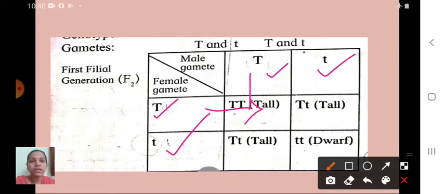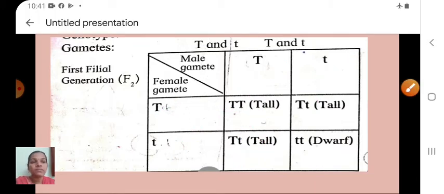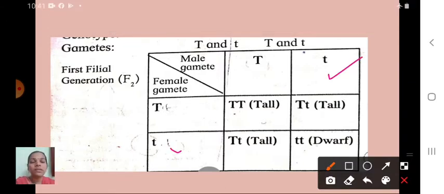Tall. And next one is capital letter T, small letter t, what is the phenotype? Tall. And this one is capital letter T, small letter t, phenotype is what? Tall. And the next one is what? Here small letter t, that is recessive, that means dwarf plant.